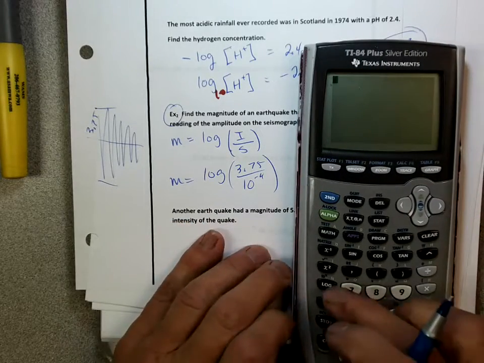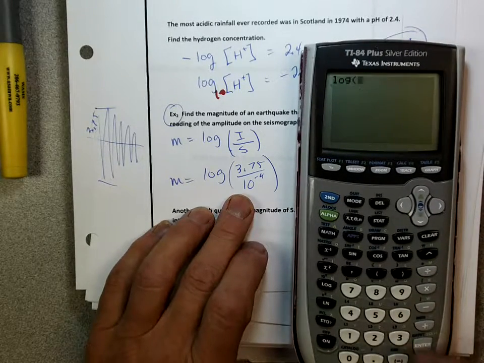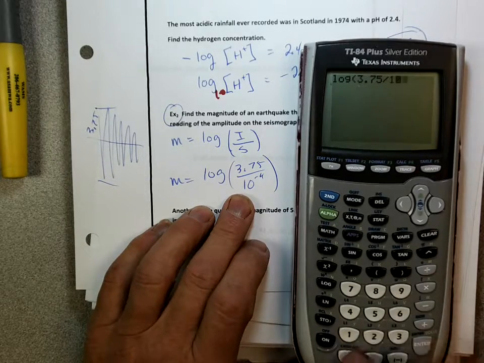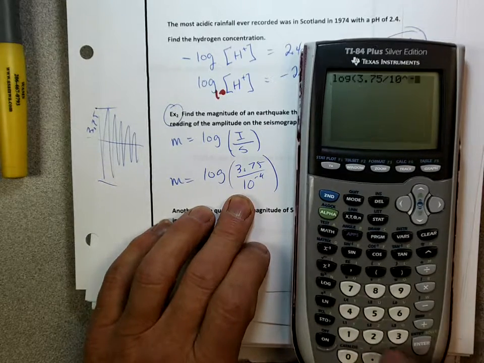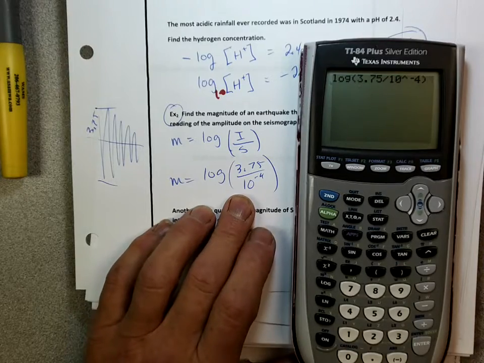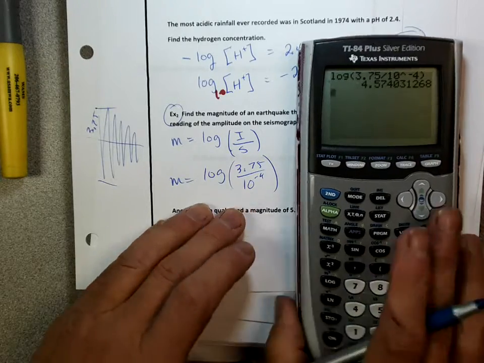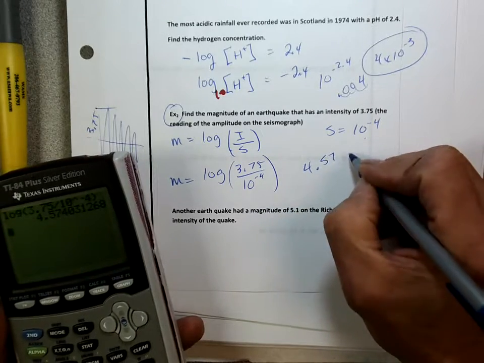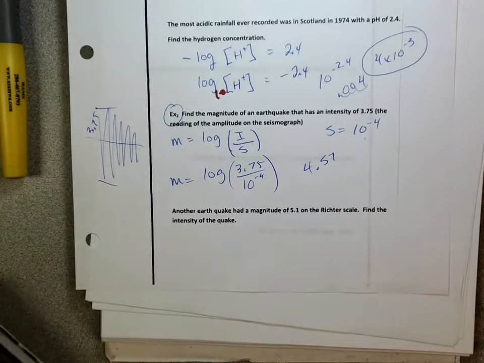I'm going to go log 3.75 divided by 10 to the negative 4 power, right? And let's see what we get. About a 4.57 magnitude, or I guess it'd be 10 to the 4.57 tons of dynamite. It's a lot of dynamite.